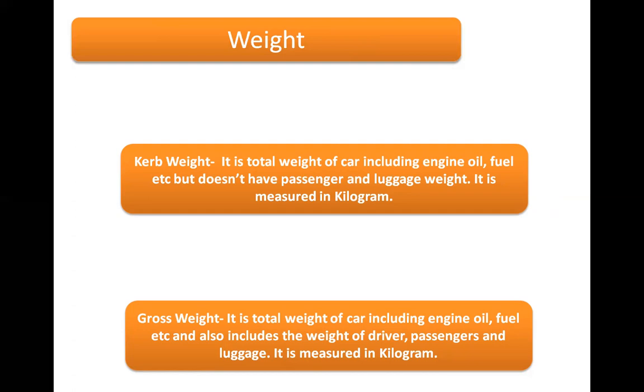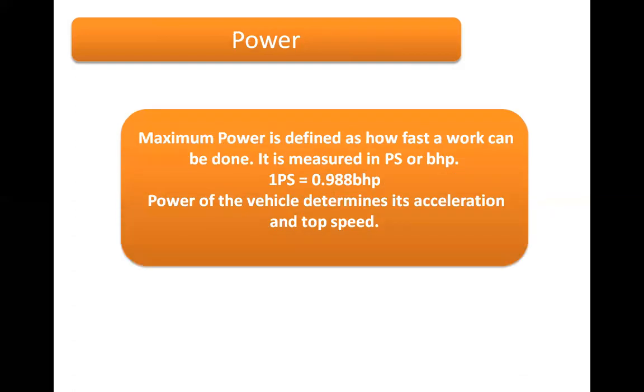It is measured in kilograms. Then power. Maximum power is defined as how fast work can be done. It is measured in PS or bhp, brake horsepower. The conversion is 1 PS equals 0.988 bhp. Power of the vehicle determines its acceleration and top speed.